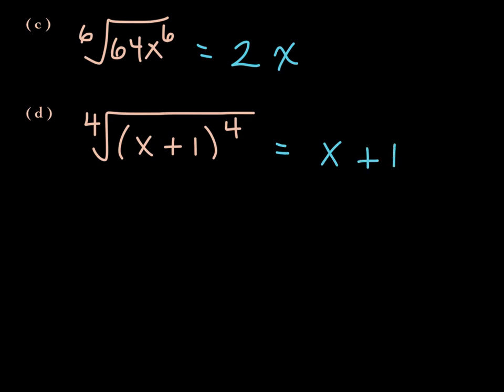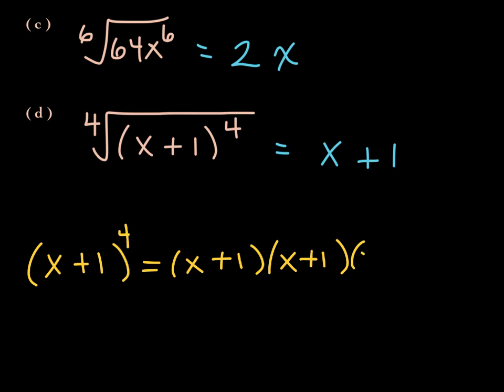And what I would like to do is show you the justification. Now watch this. Of course, the little shortcut is 4 divided by 4 is 1. So then you just have x plus 1. But here's my justification. If I take the expression x plus 1 and I raise it to the fourth power, notice that this is just x plus 1, of course, times x plus 1.